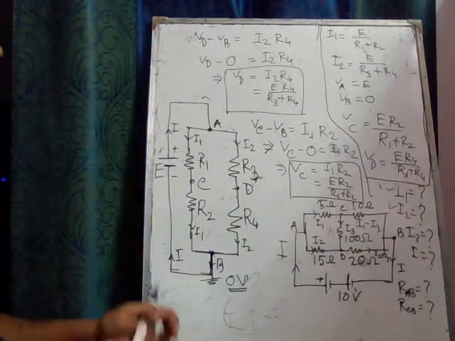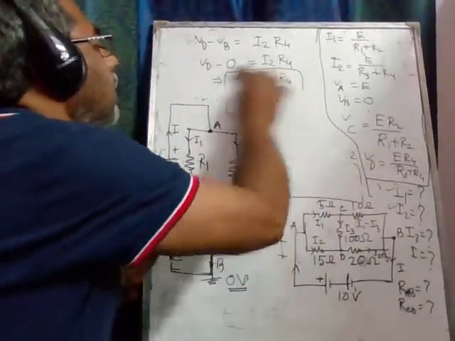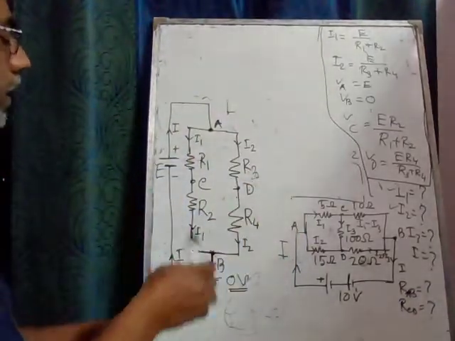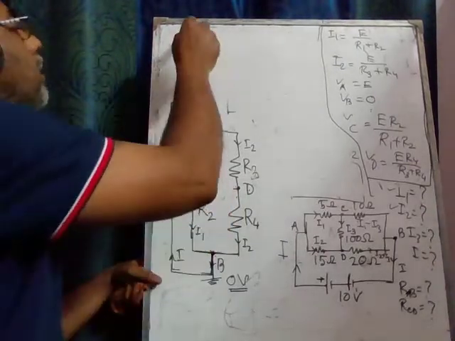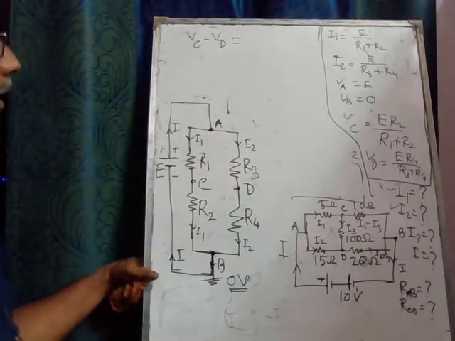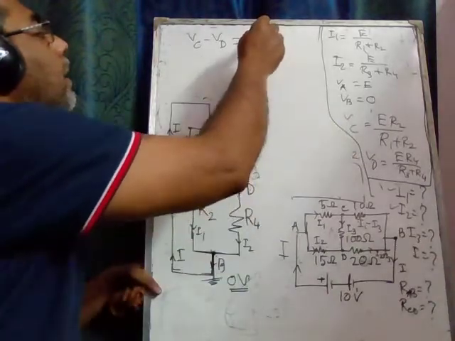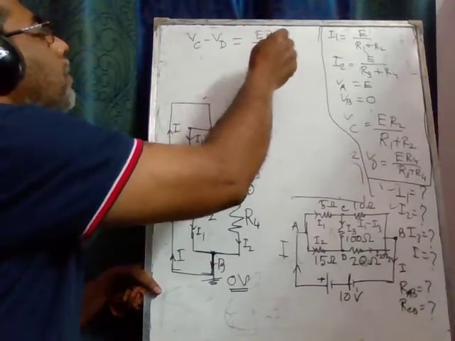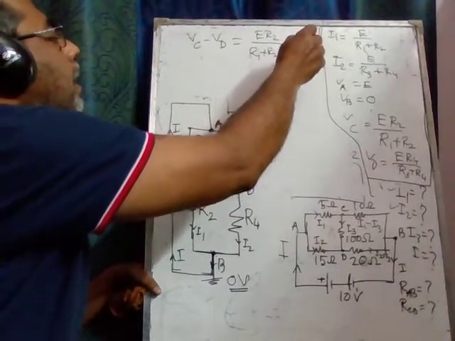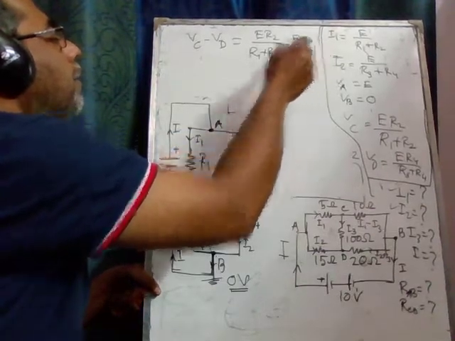Clear? Now I want to find the potential difference between the point C and the point D. So this is VC minus VD, which is nothing but E R2 over R1 plus R2 minus E R4 over R3 plus R4.